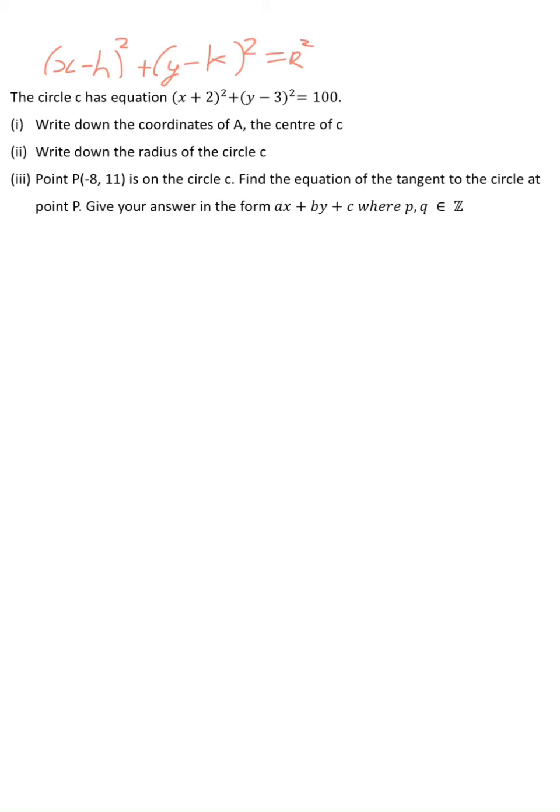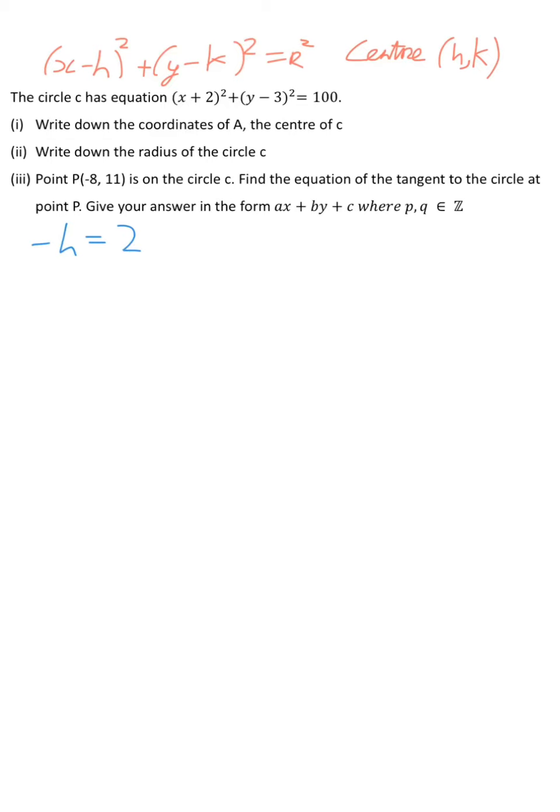Okay, and then with center then is HK. Okay, so from that now we can find the center of the circle. So we're going to have then minus h is equal to 2.